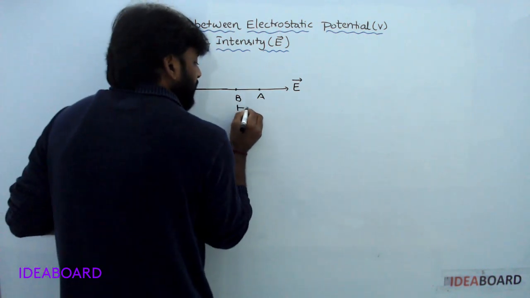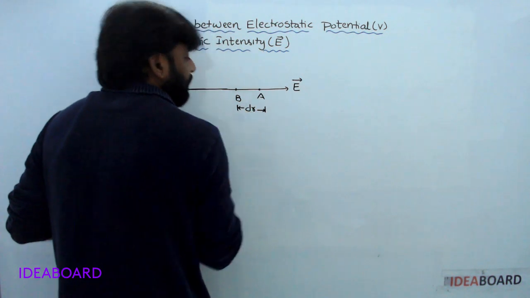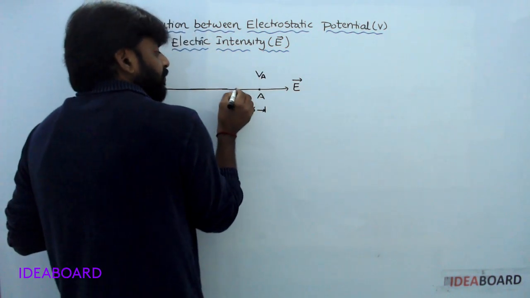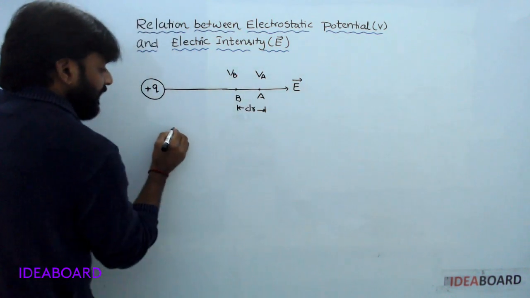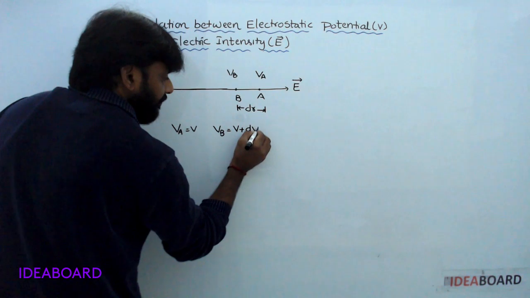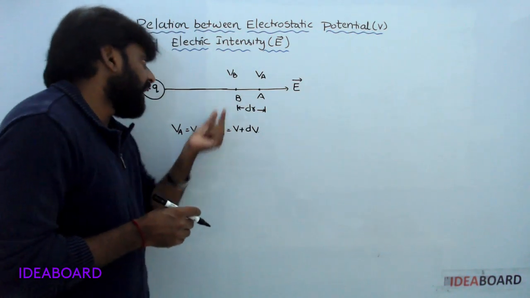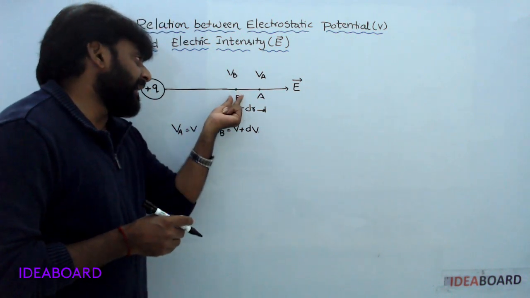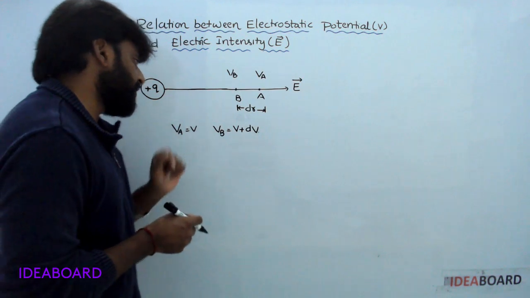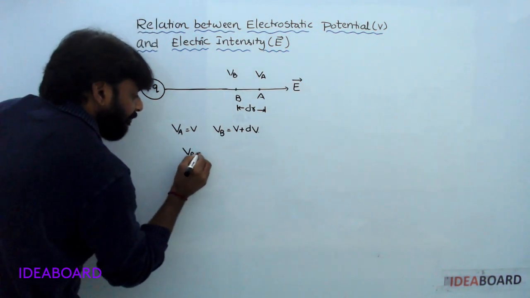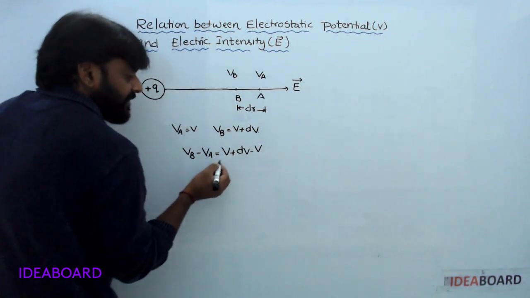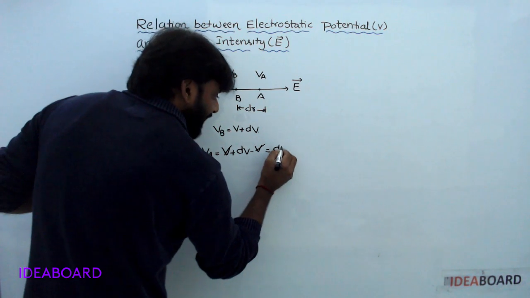Consider the separating distance is dr. At this point the potential is V suffix A, and at this point the potential is V suffix B. V suffix A is equal to V and V suffix B is equal to V plus dV, because B is a nearer point compared to A. The difference VB minus VA is equal to V plus dV minus V. Here minus V plus V cancel, so it is equal to dV.